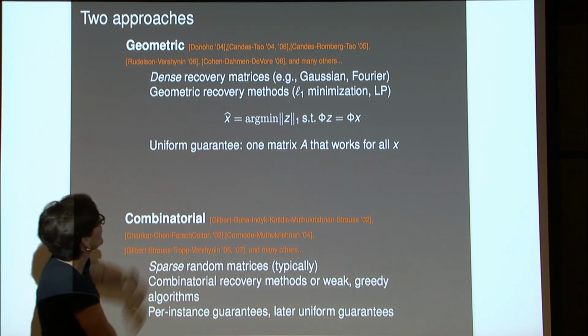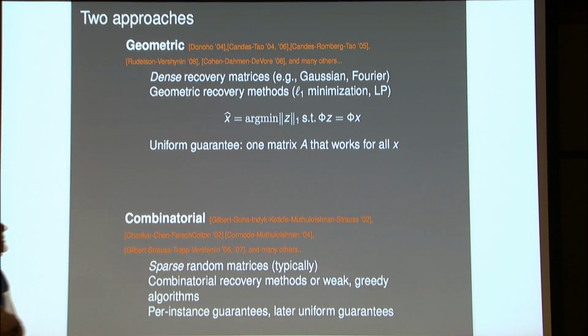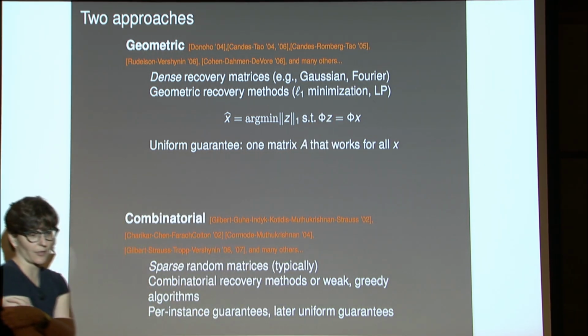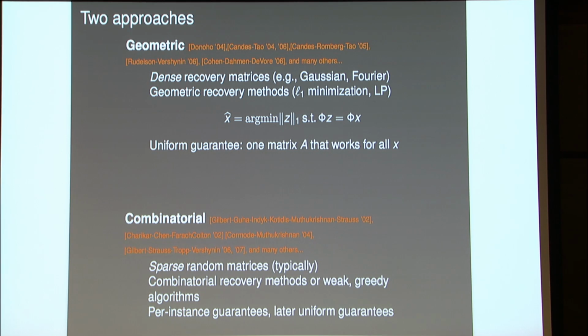Basically the recovery matrices are essentially dense. They are Gaussian or sub-Gaussian random matrices, or they're structured random submatrices of a Fourier matrix, a DFT. And so they're dense.